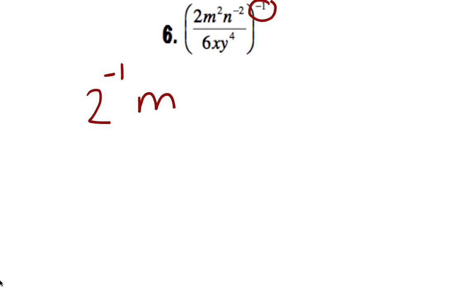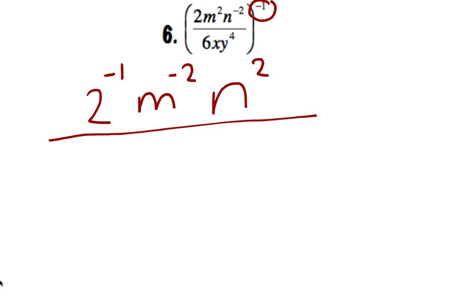That's a power of a power, so I multiply. That's going to give me negative 2, because 2 times negative 1 is negative 2. N to the power of negative 2 times negative 1 is going to give me a positive 2. So I'm taking a power of a power. In section 8.1, I learned I multiply my exponents.